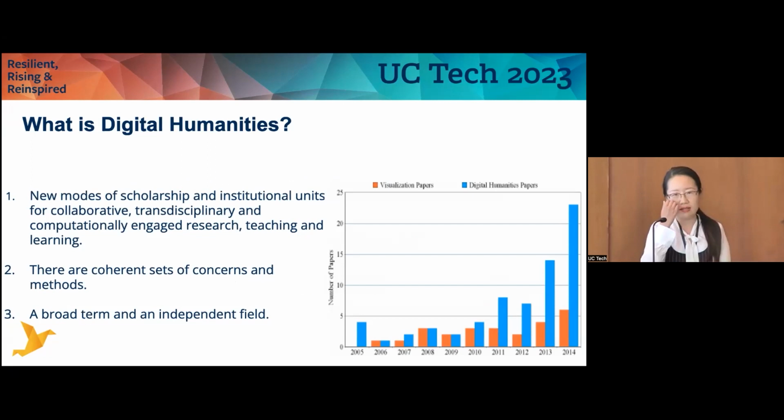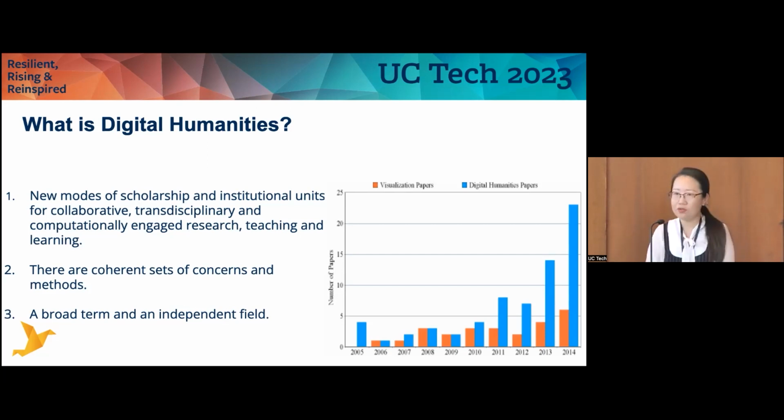As you know, IT technology develops so fast every day that it is accessible even to people who don't use technology very often. So there is such a booming field in humanities now that encourages scholars to integrate technology in their research, teaching, and learning. It is a new mode of scholarship.